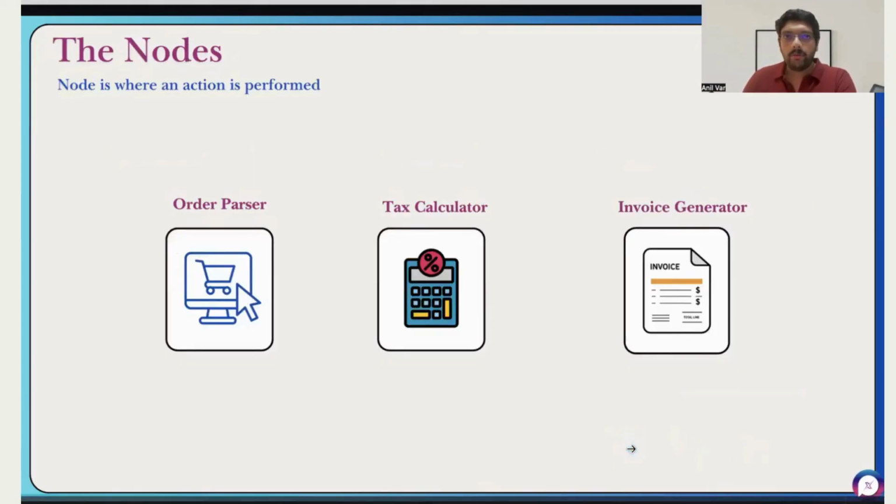Now, to make these functions a workflow, the place where the action happens is typically called a node. It comes from the idea of graphs, where you have nodes and edges. So what we need now is 3 nodes: an order parser, a tax calculator, and an invoice generator. You'd think, well, we've already seen the functions.